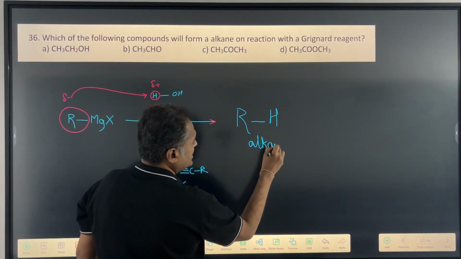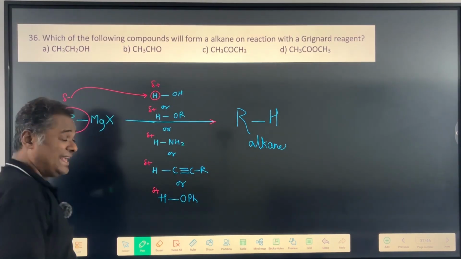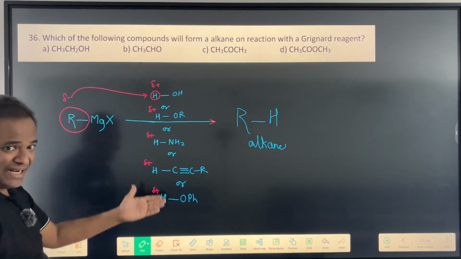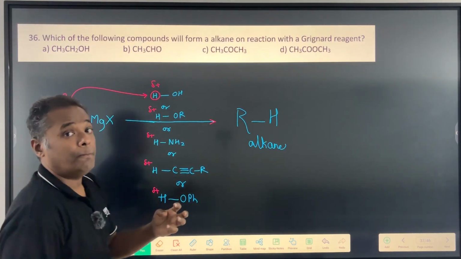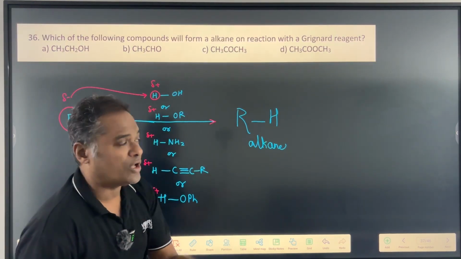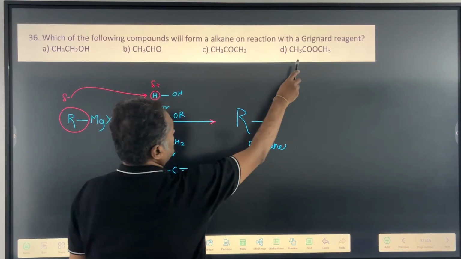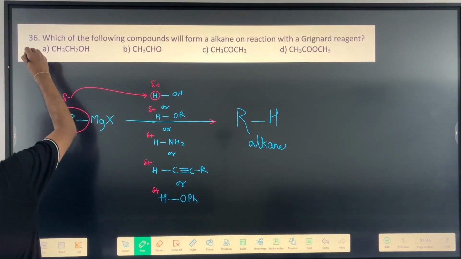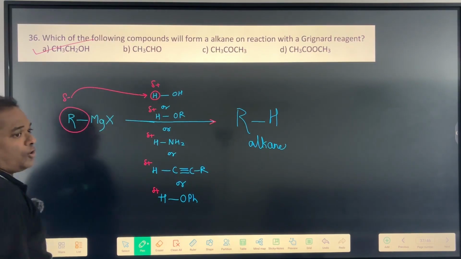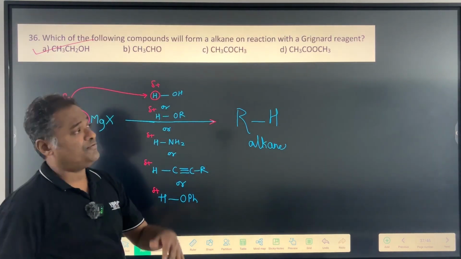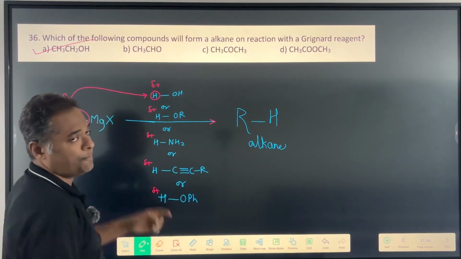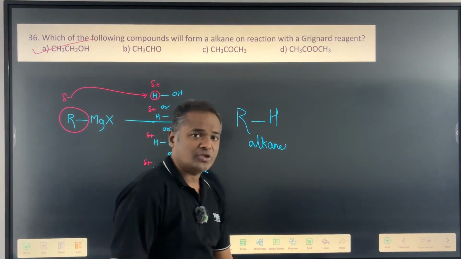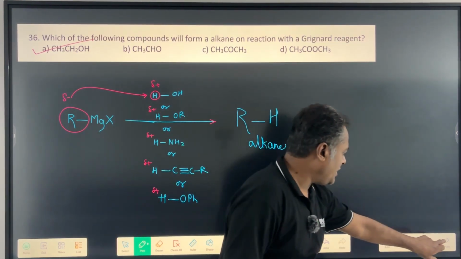So, Grignard reagent can react with these acidic, or what we call polar protic solvents, to give you alkane. And out of these 4 examples, the only polar protic solvent is alcohol. So the correct answer for this question is A. Correct? I hope this is clear. Let's proceed to the next question, child.